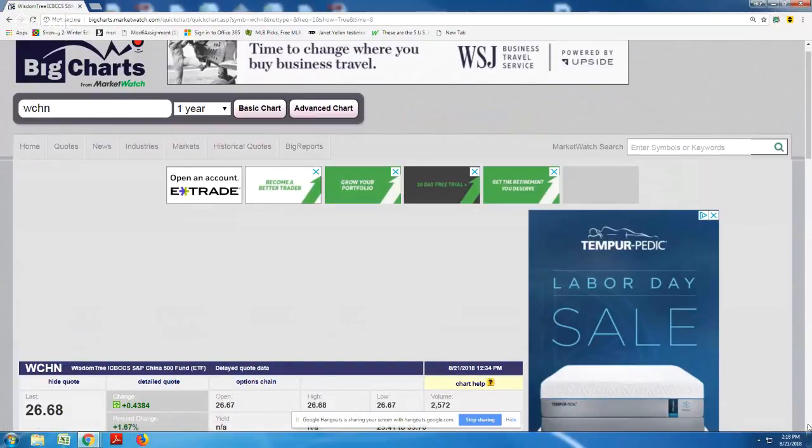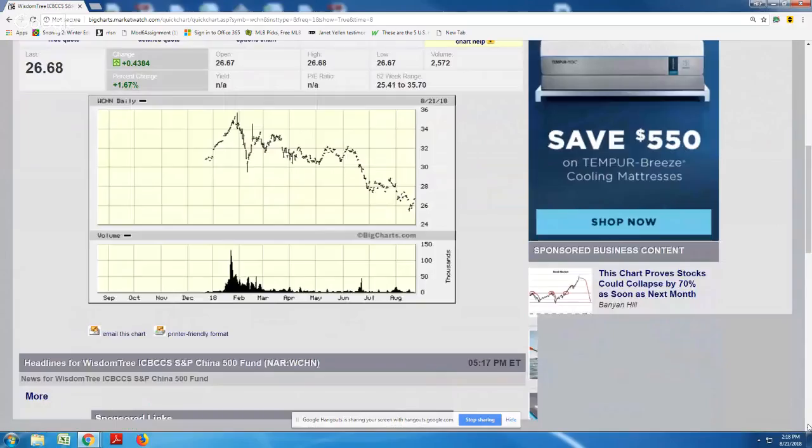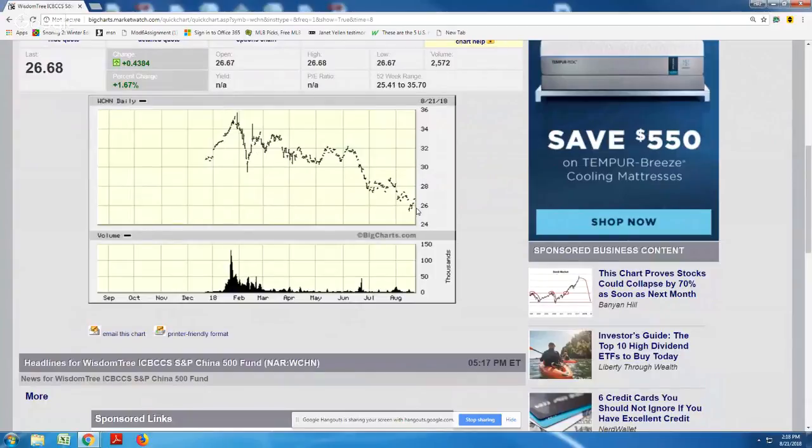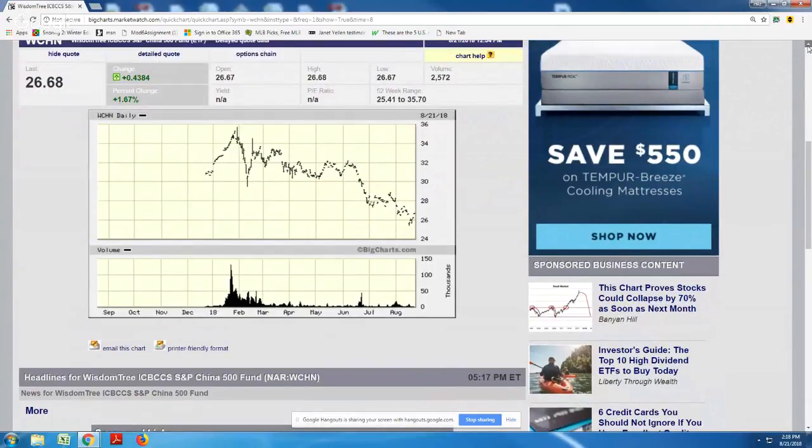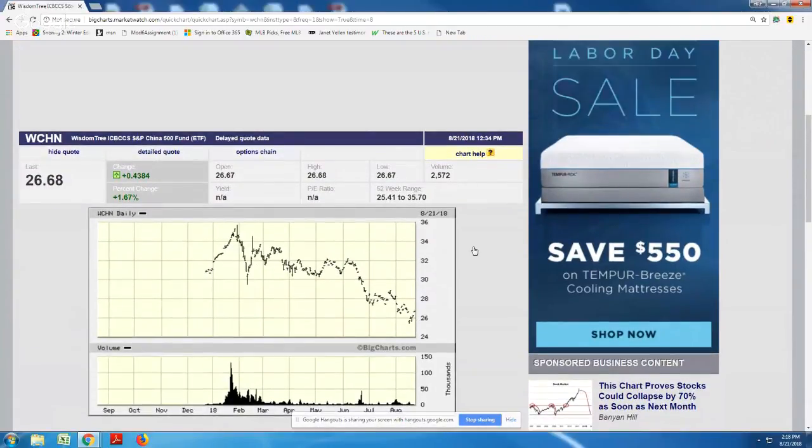So as you can see, this thing has been coming down from 36 to 26. So if you're a guy who likes to buy low and sell high, the prices on the last 52 weeks, the high was 35 and the low about 25. So 26 and change is kind of down there. And it is improving a little bit off the low. So you're not very far from the low if you want to use that as a line in the sand.